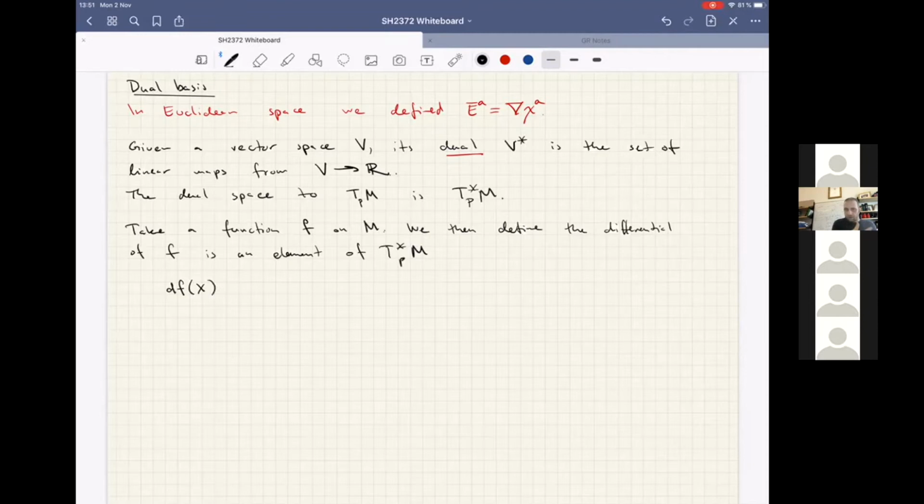So if this df is going to be an element of the dual space, it needs to take a vector as an argument. But we define this to be the derivative, rather this vector field x, acting on the function f. So that's the same thing as we had before. This is going to be xa dA f. So here x is an element of the tangent space itself. So it's a tangent vector.